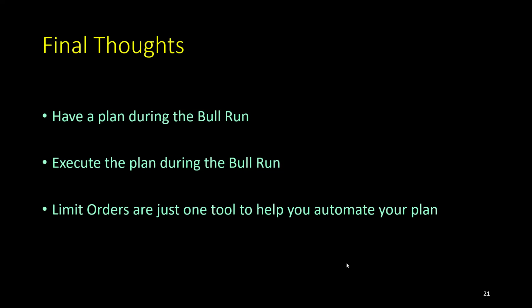And again, limit orders are just one tool to help you automate your plan, so you can go on with your life and not make this your life for the next 3 months, or who knows, if we end up with another bear market in a few months. You know how long those take if you've been in through this one since the last one, and even before that, because XRP missed the last bull run because of the legal issues that we saw happen with the SEC. So keep that in mind.